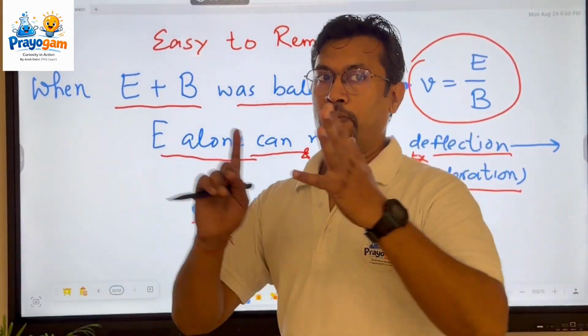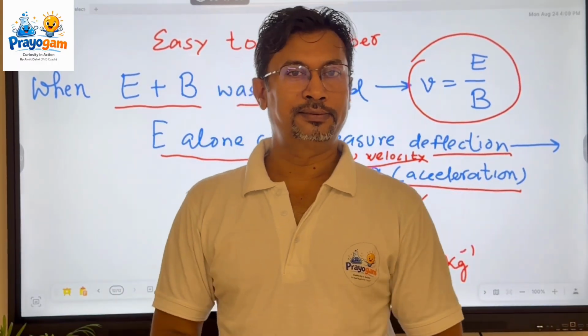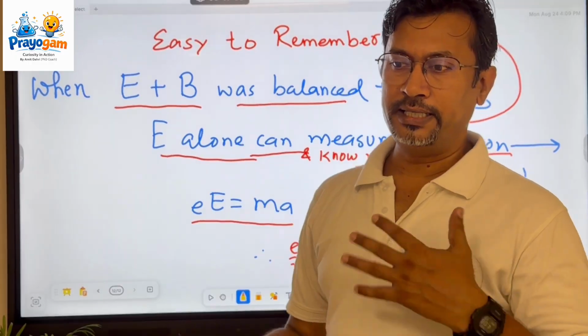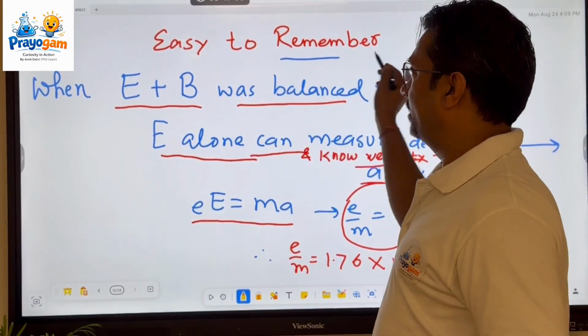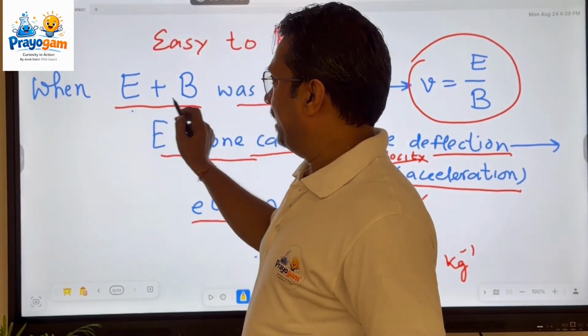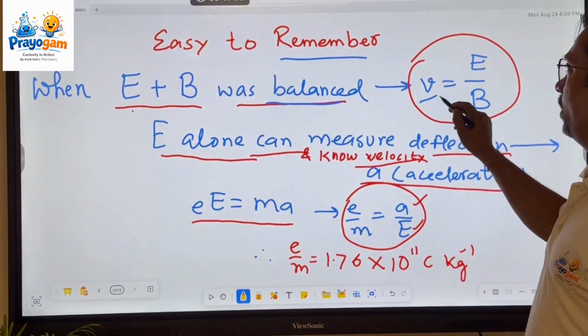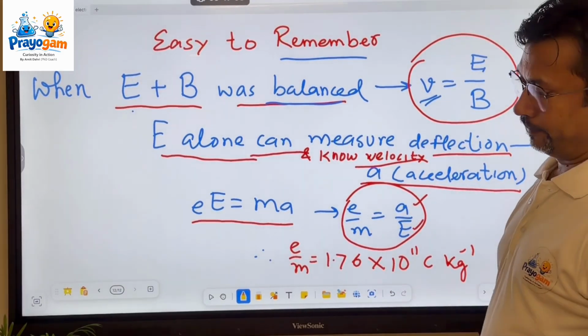Clear children? So velocity, acceleration, e by m, we are already done with it, right? So now, how to easily memorize these things? When electrical and magnetic, if both the fields are balanced, then velocity can be calculated. Velocity is equal to E by B, right?